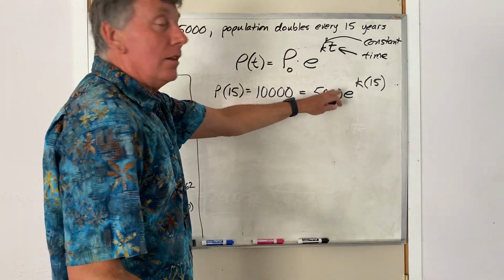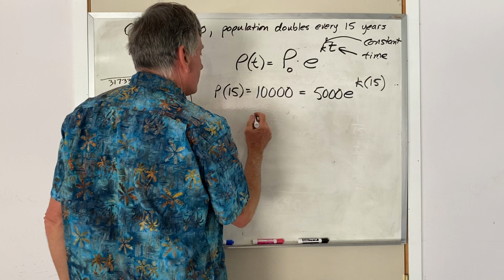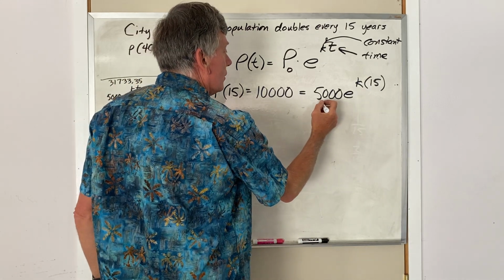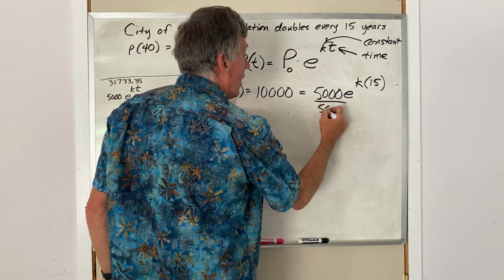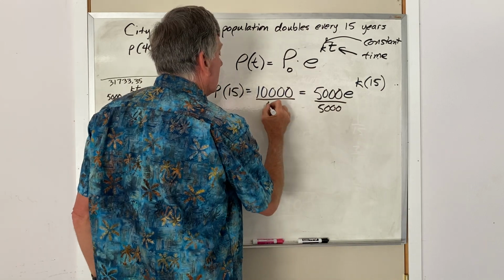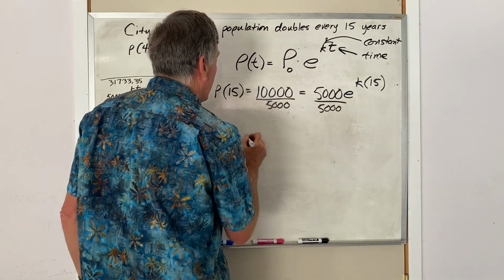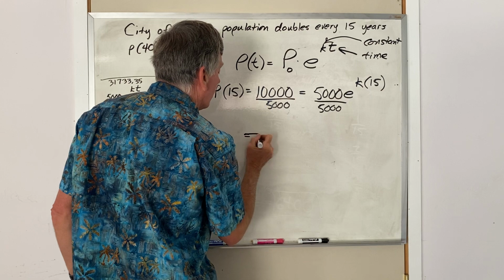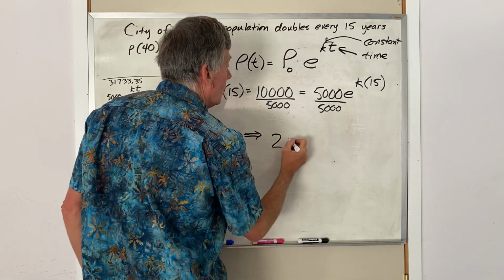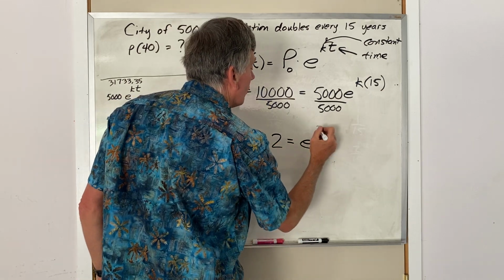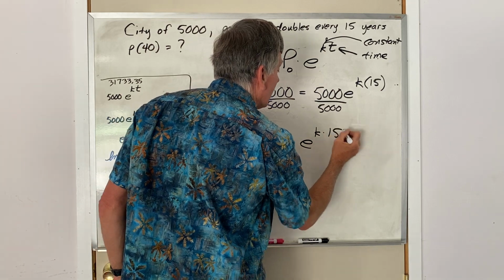So let's now figure this out. I'm going to divide both sides by 5,000, and I get 2 is equal to e to the k times 15.